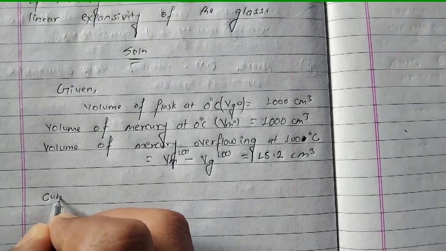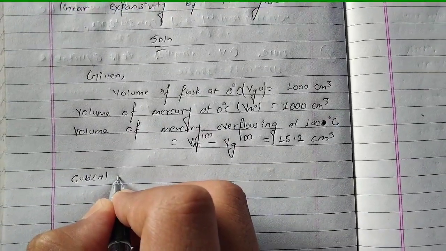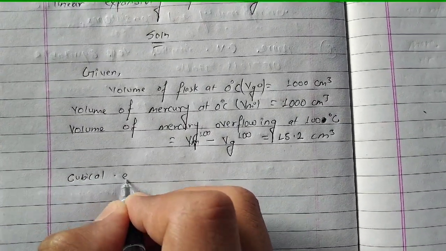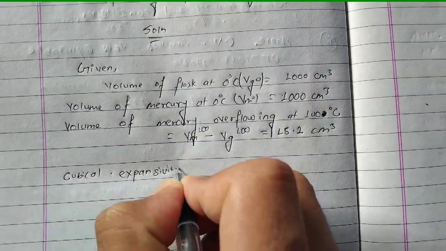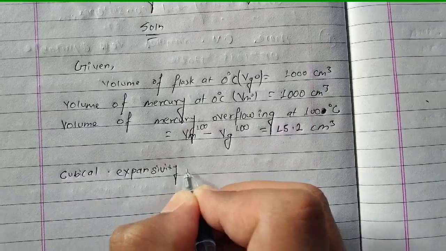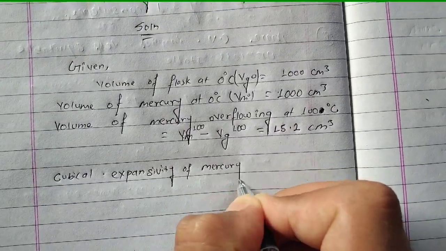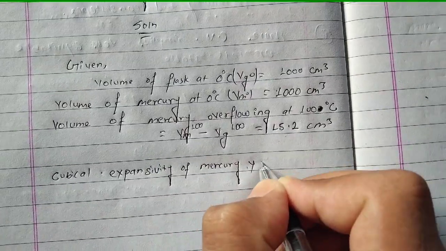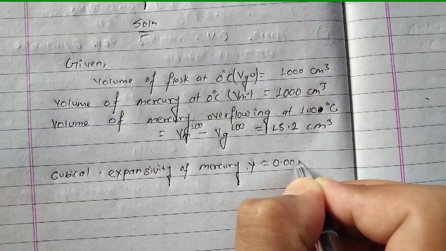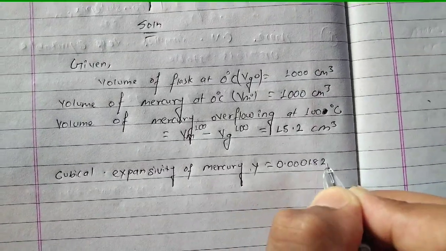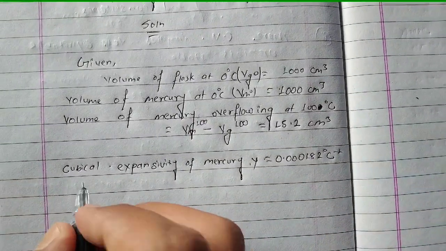And then the cubical expansivity of mercury, gamma, equal to 0.000182 per degree Celsius.